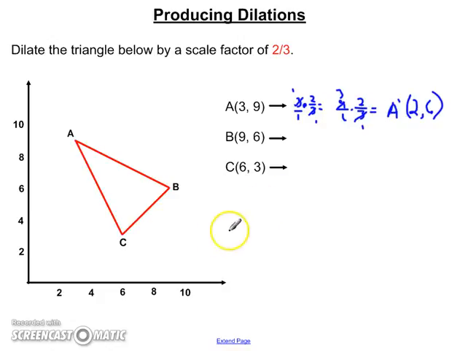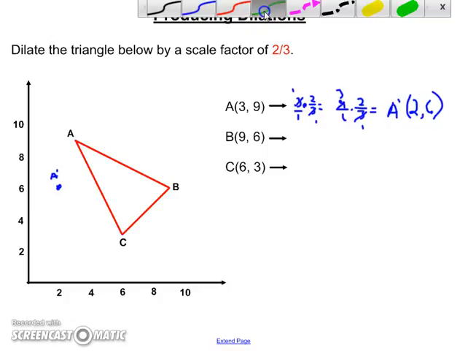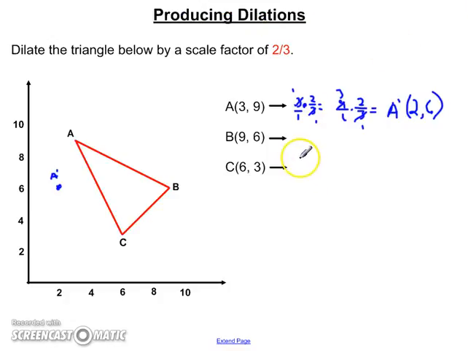Now 2, 6: over 2 and up 6 would be right about there. There is my A prime. Let me change colors just for the sake of changing colors. I've already done 9 up here, so I don't have to redo all of that multiplication. I already know that 9 times 2/3 is going to be 6.